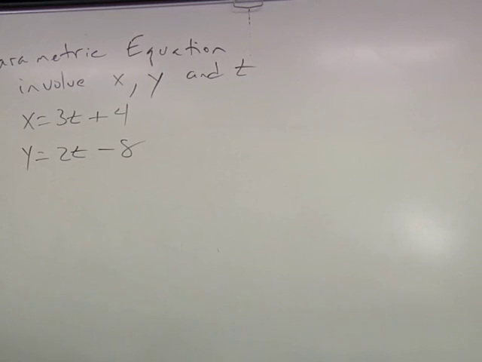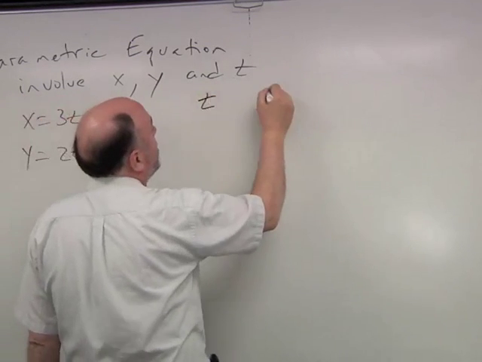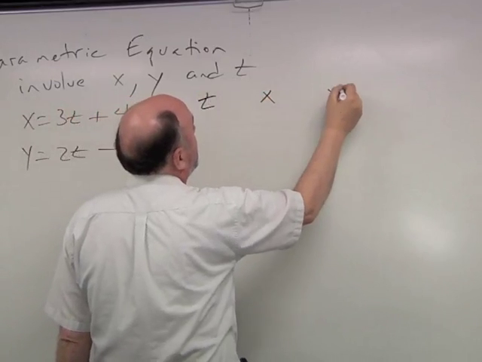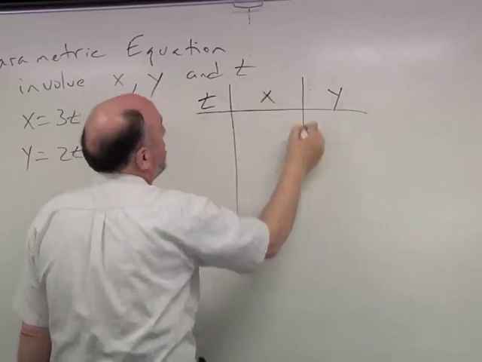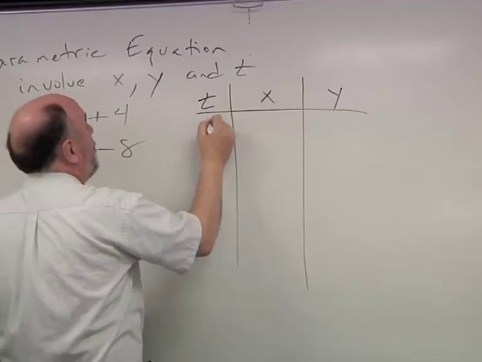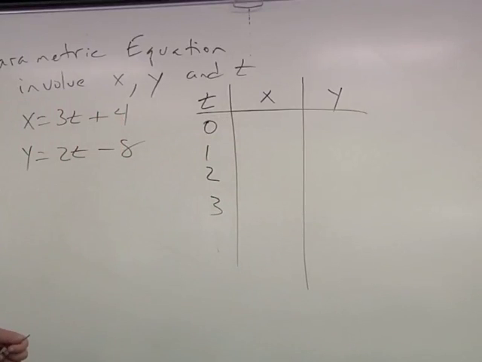Basically, t would be time, and so we could build a chart of what's going on here. We have t, x, and y. Let's just do it for the first few numbers: 0, 1, 2, 3. We take our numbers and plug them in.